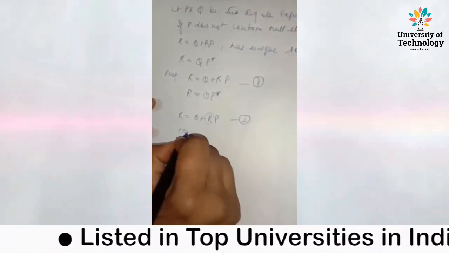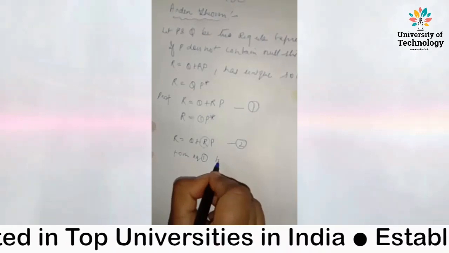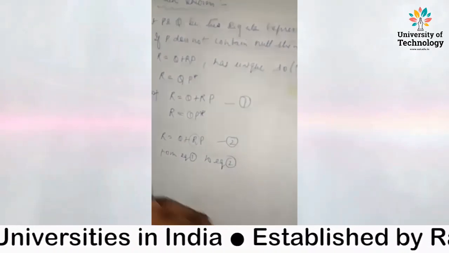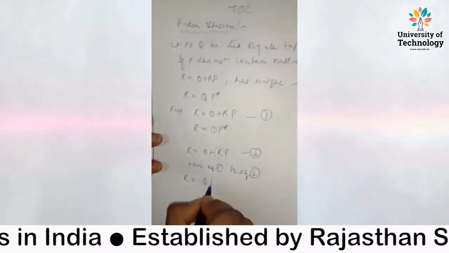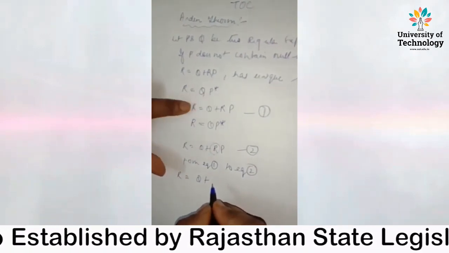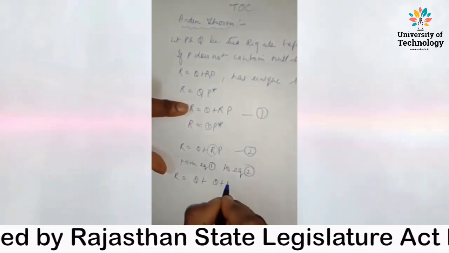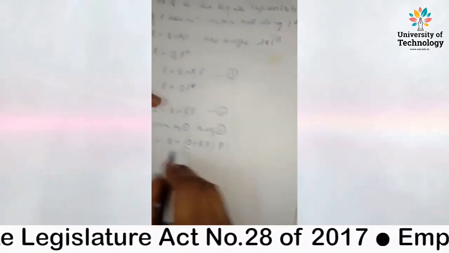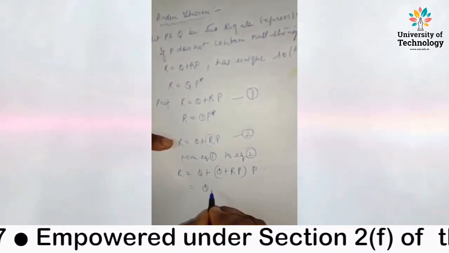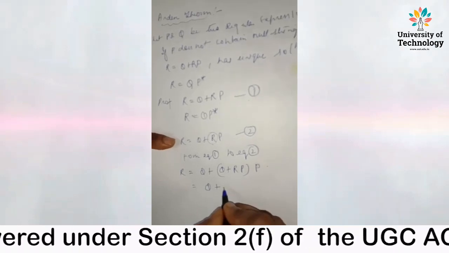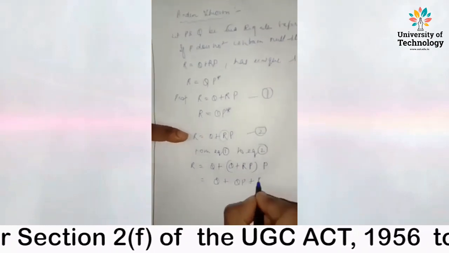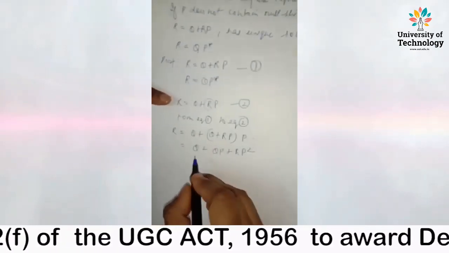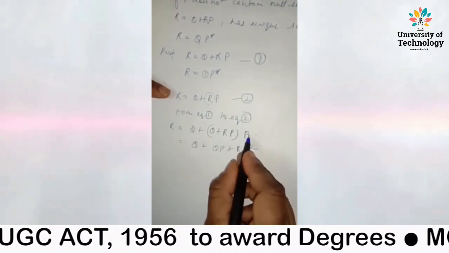So R is equal to Q plus, now how can R be written according to equation number 1: Q plus RP, and then P. We are doing nothing, we are just substituting the value of R from the equation itself again and again. So how can you write it? R equals Q plus QP plus RP square. See, I have not done anything, I have just opened this P, right?